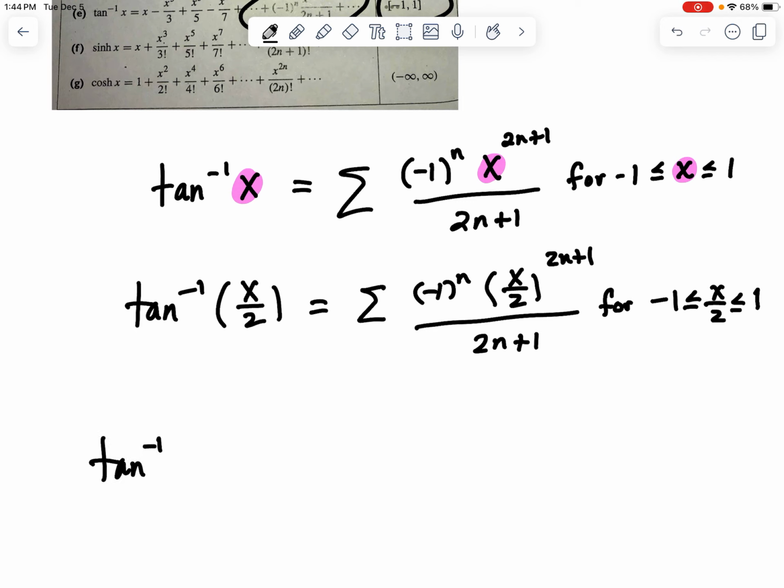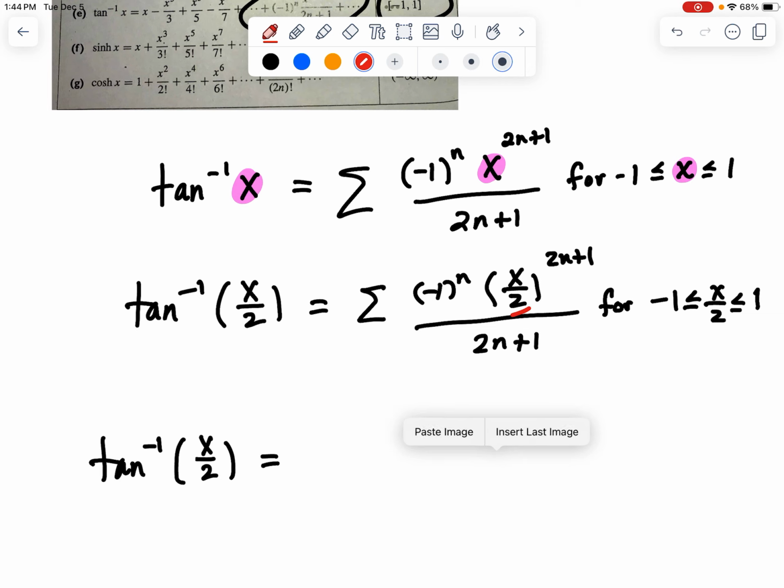So tangent inverse x over 2 will be, so right here, there's a 2 that's getting raised to that power. So we have 2 raised to the 2n plus 1, and that little 2 is in the denominator.